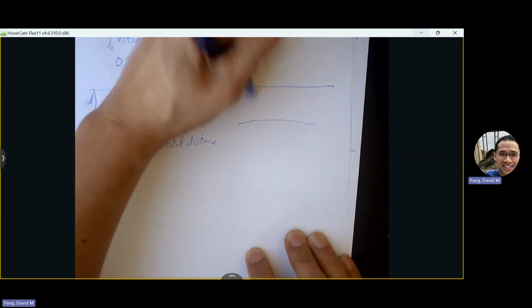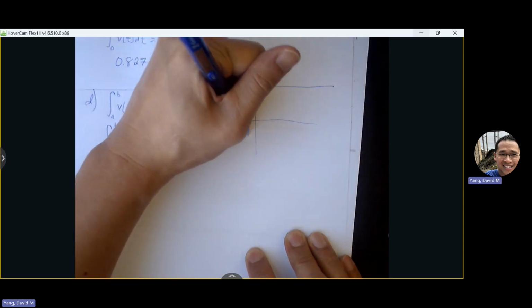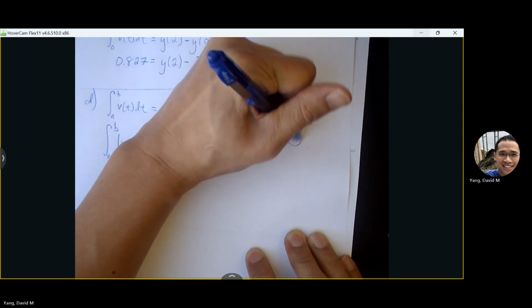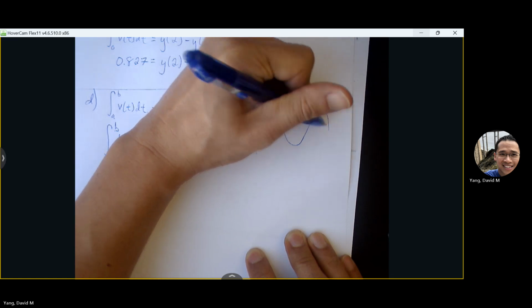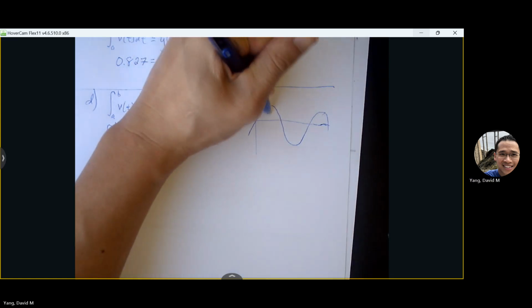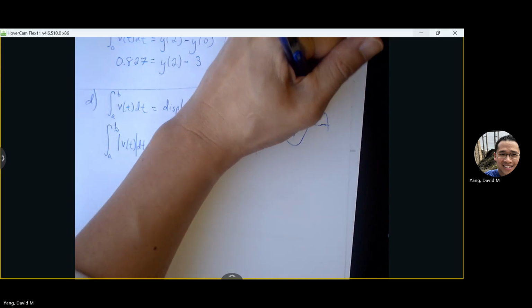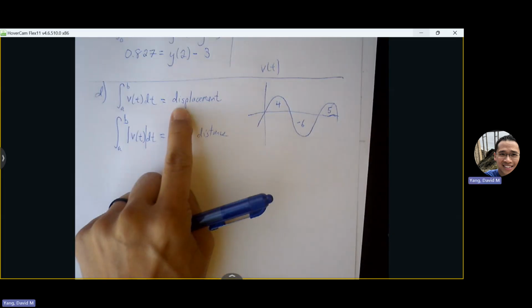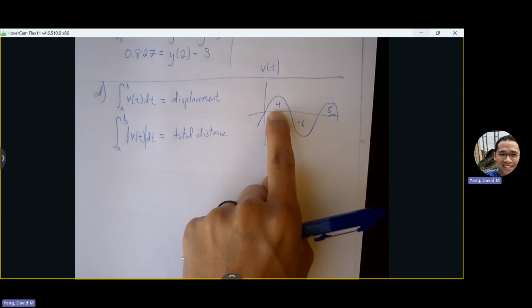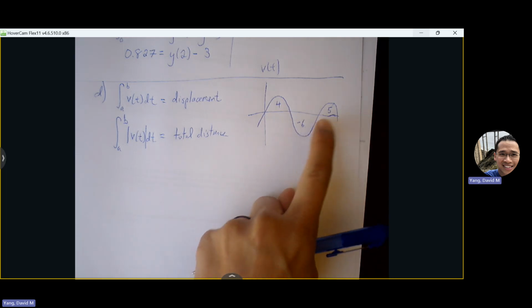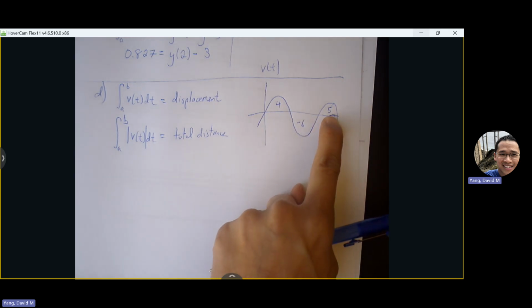So for instance, let's say I had a velocity graph that looked like this. For displacement, it's going to keep all these signs. You move 4 right, you move left 6 units, you move 5 units to the right. Where are you going to end up?